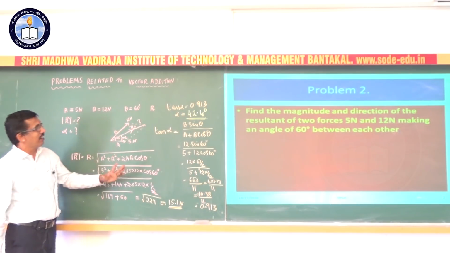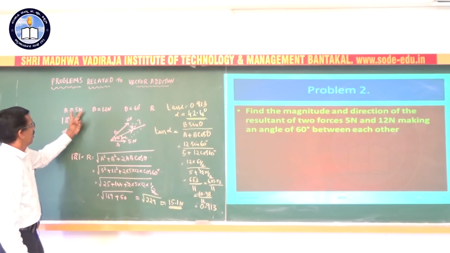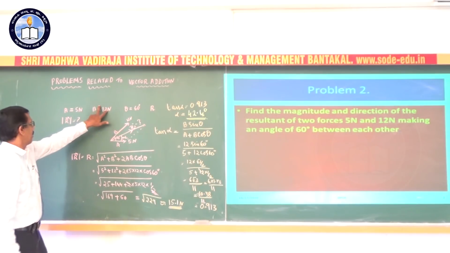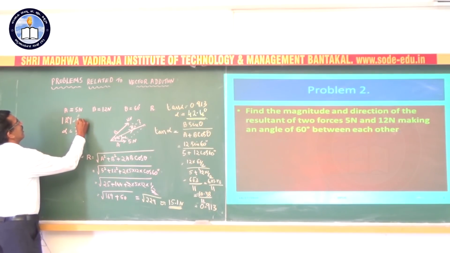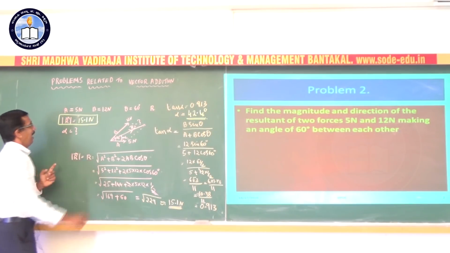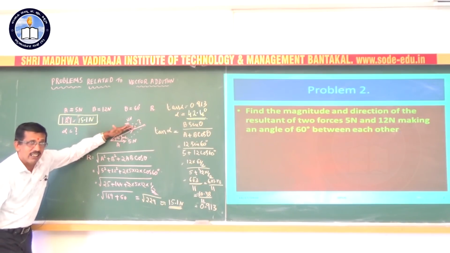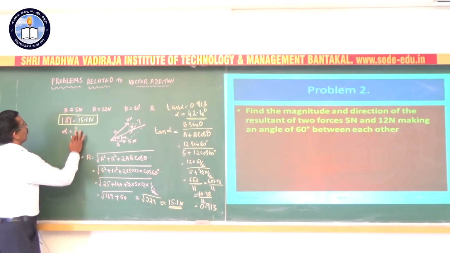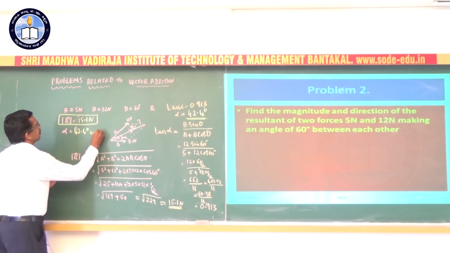How to write the answer in statement? The magnitude of the resultant of the two forces is 15.1 Newton. This is one answer. And the direction of the resultant is 42.4 degree with respect to 5 Newton.